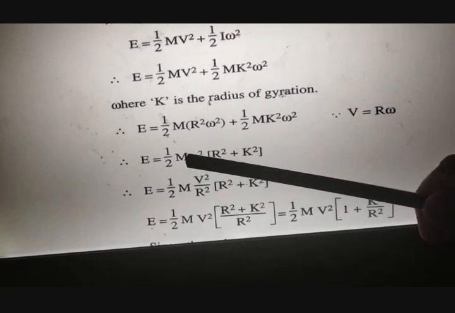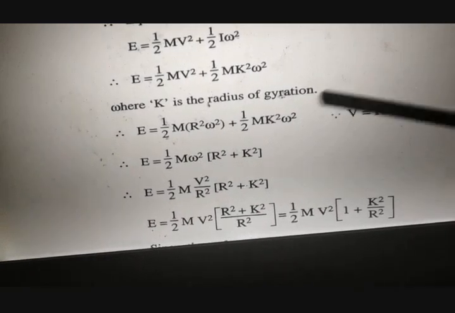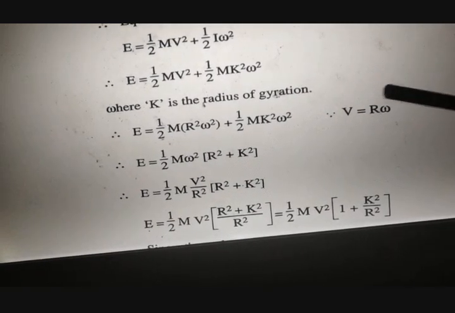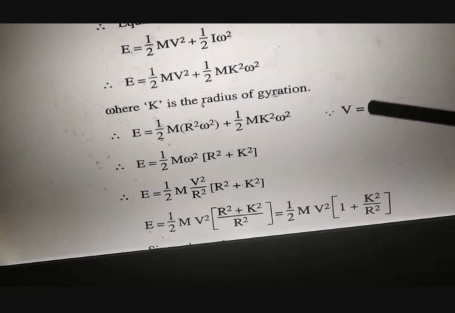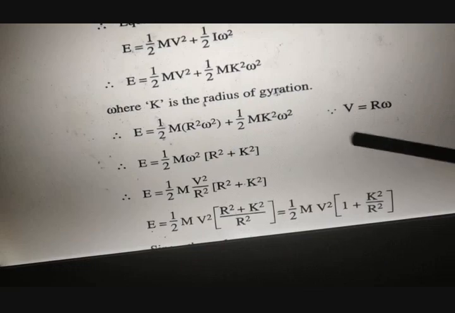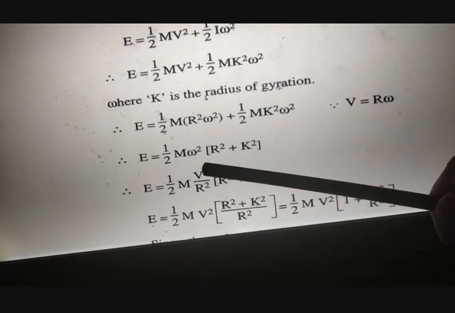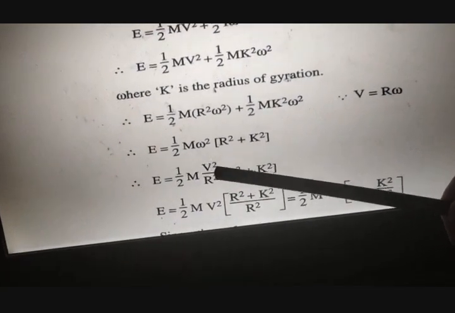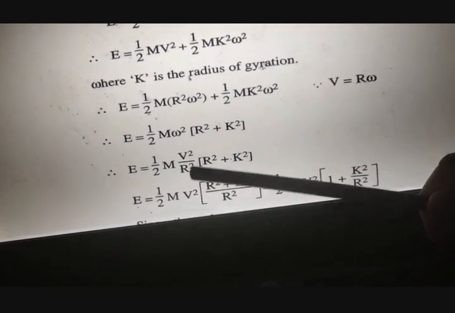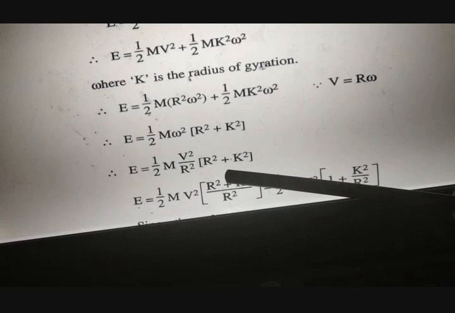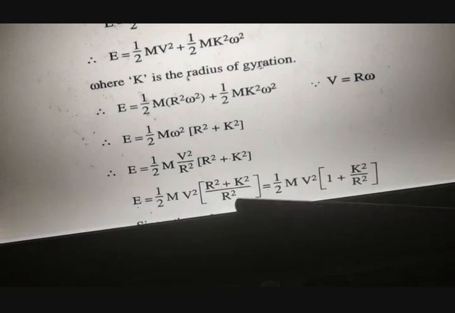Then again here you have to substitute omega. If v equals r omega, then omega will be v upon r. So instead of omega square, you will substitute v square upon r square, and this bracket stays. Then next, take this r square inside the bracket, so r square plus k square upon r square.